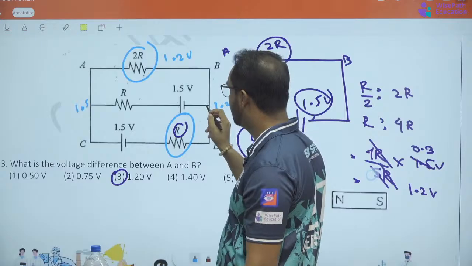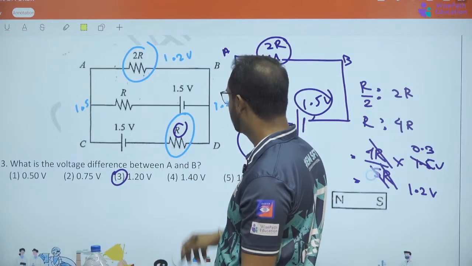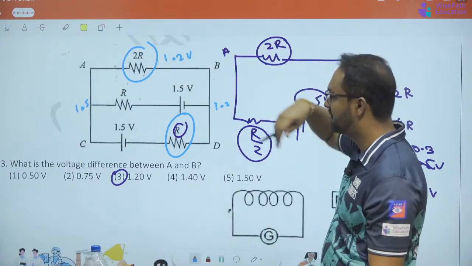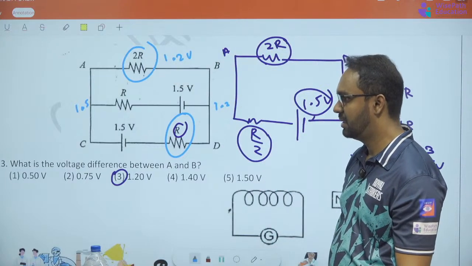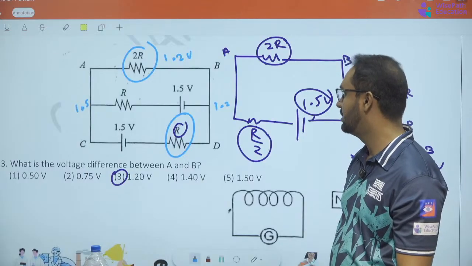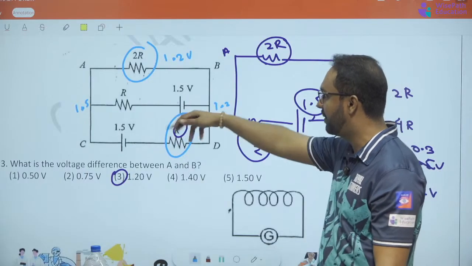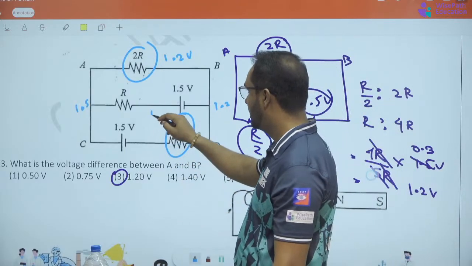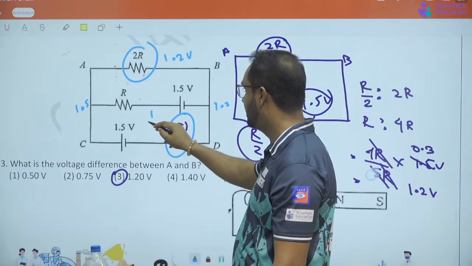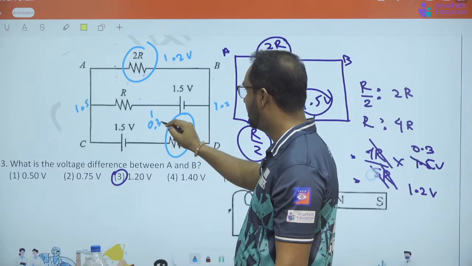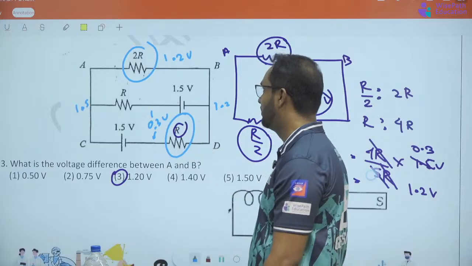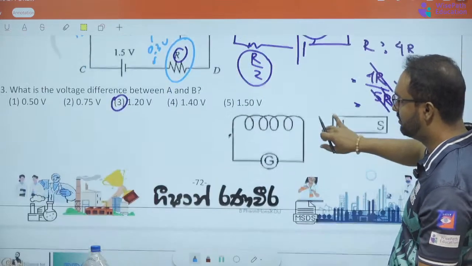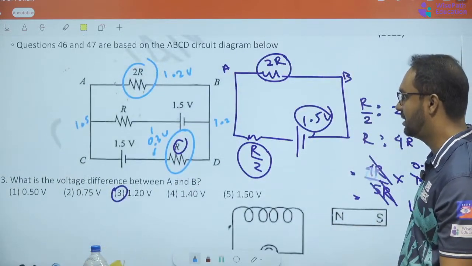The voltage between these two becomes 0.3, because if this consumes 1.2, the rest of the voltage that is left should go to the other two resistors, and they are in parallel combination, so it should be 0.3, right? These two should have 0.3 volts of voltage difference.